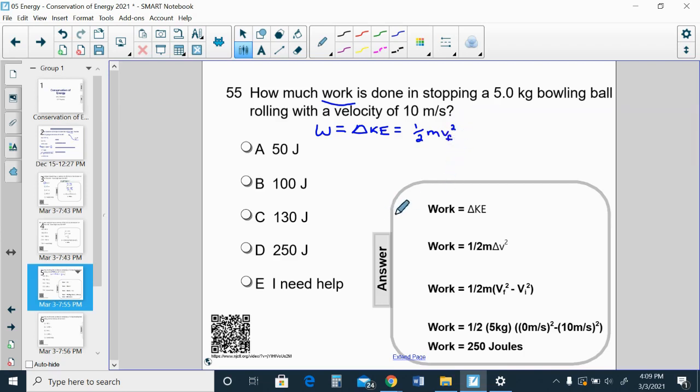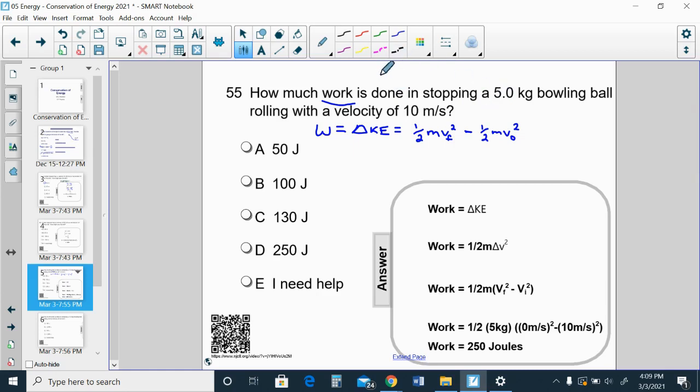So half mv squared minus half mv initial squared. So we can use this to calculate the work it takes to stop the bowling ball rolling with the velocity of 10 meters per second.